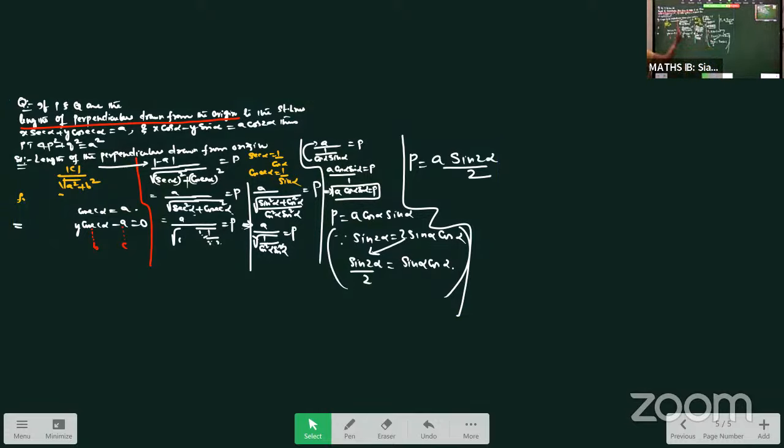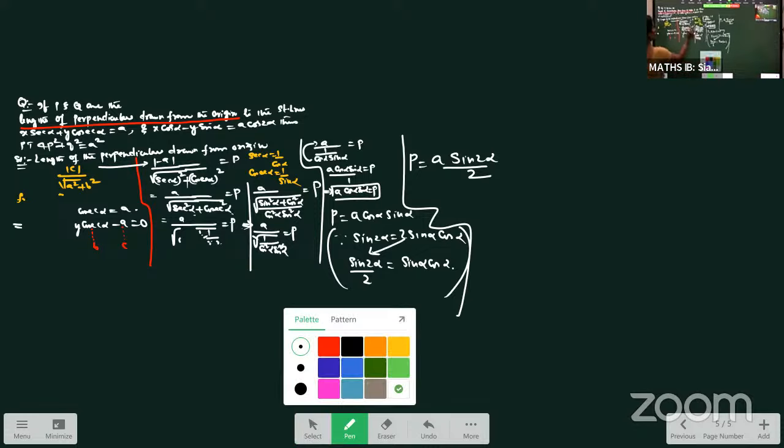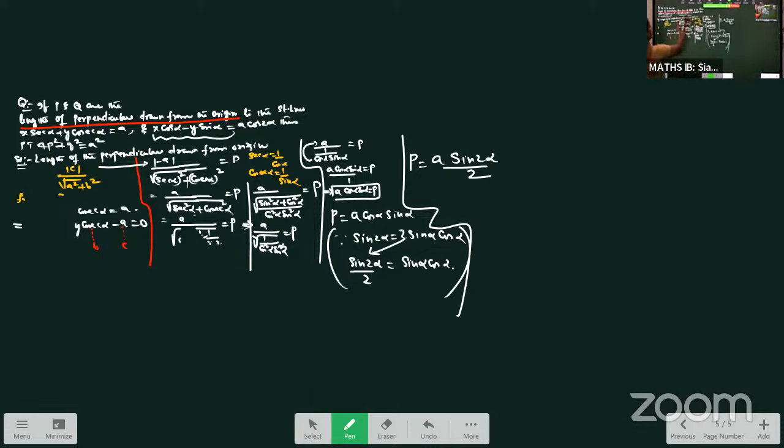Next equation, what is given? X cos alpha plus Y sin alpha is equal to A cos 2 alpha is given.